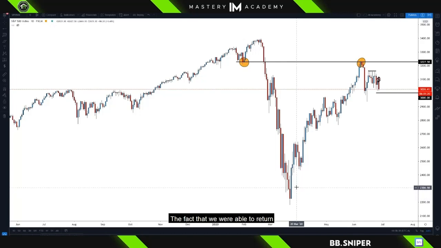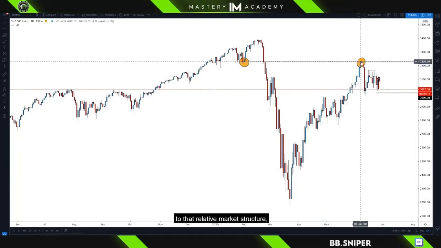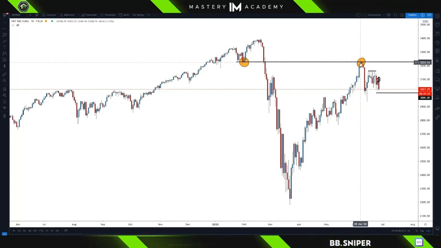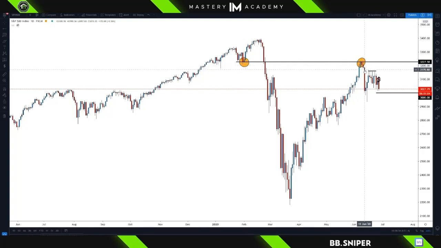The fact that we were able to return to that relative market structure, and then again see the market sell off quite aggressively.